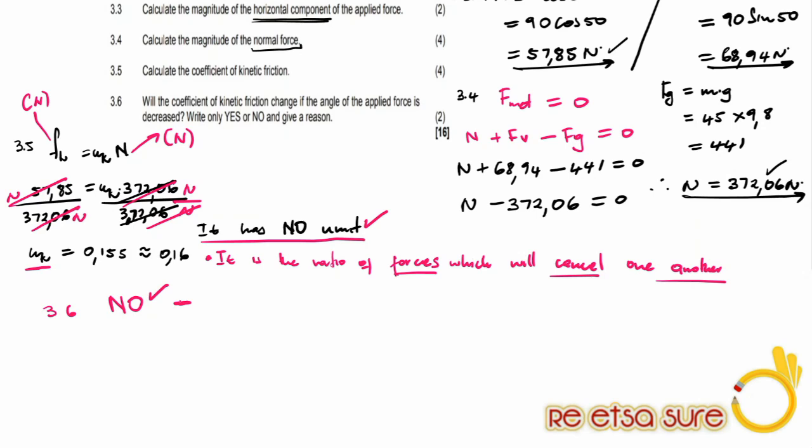The coefficient of friction, my beautiful learners, is dependent on the nature of the surface. Meaning the nature of the surface is the one that determines the coefficient of friction. So changing the angle will have no effect on the value of the coefficient of kinetic friction. So our answer here is no.